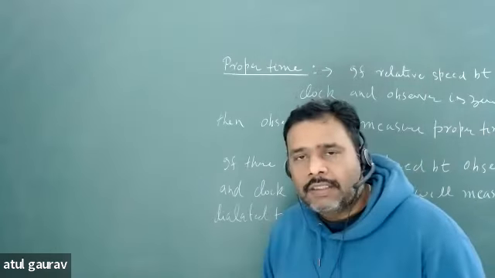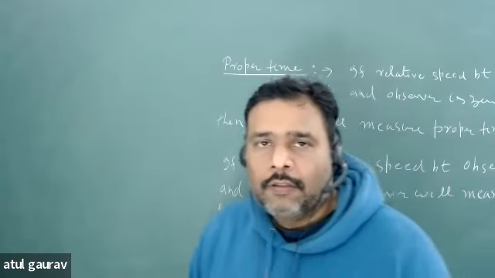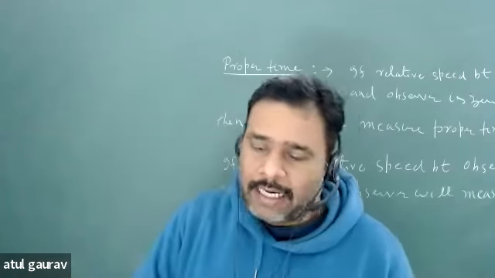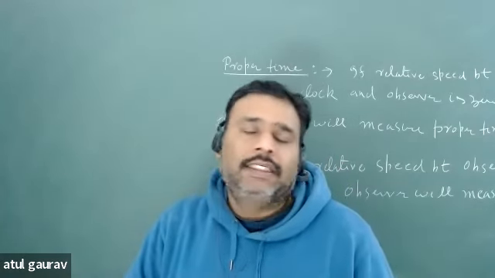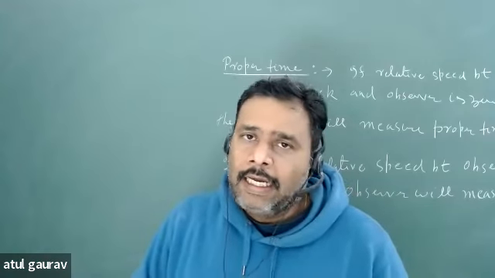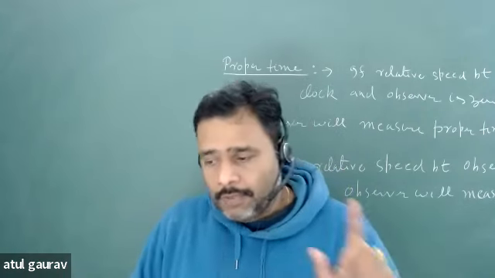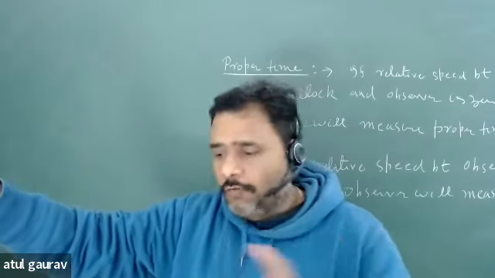Dilated time means suppose some person who is at rest with respect to the clock is watching the event on that clock, and he sees that the whole event completes in 1 second. The another observer, with respect to whom the clock is moving, is watching the same event with the moving clock.